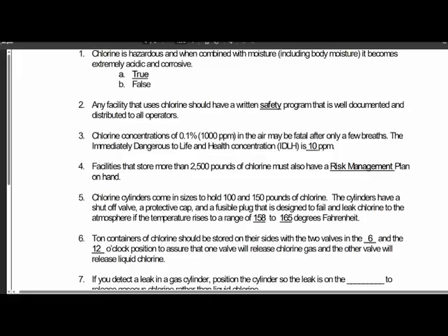The immediately dangerous to life and health concentration, or IDLH, is about 10 parts per million. It's not very much. Facilities that store more than 2,500 pounds of chlorine must also have a risk management plan on hand.